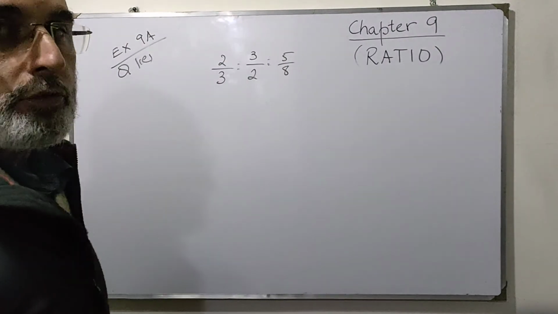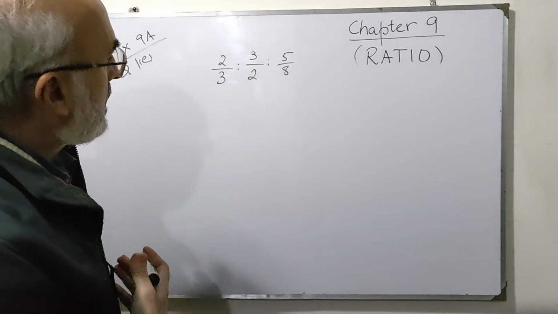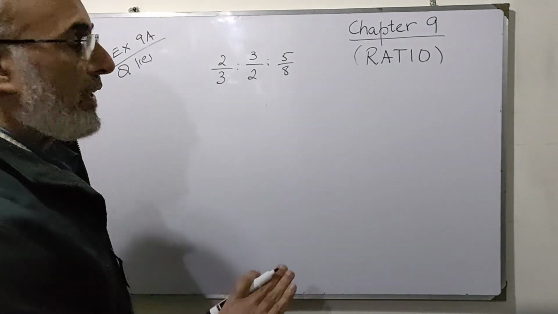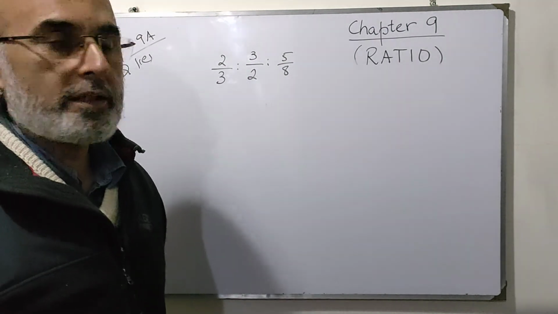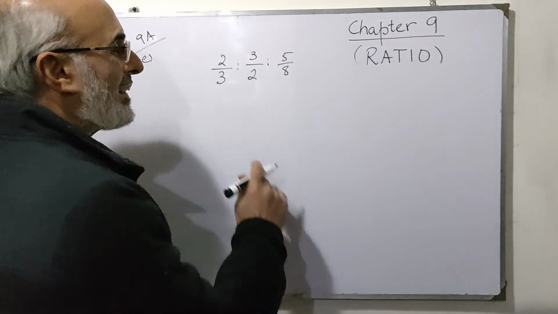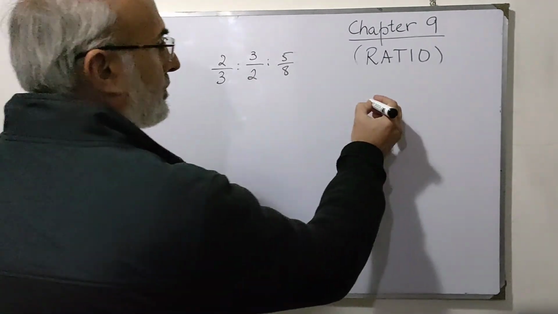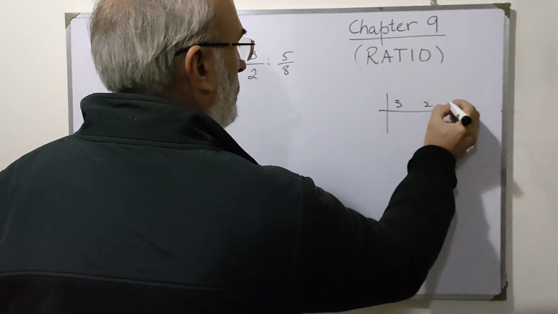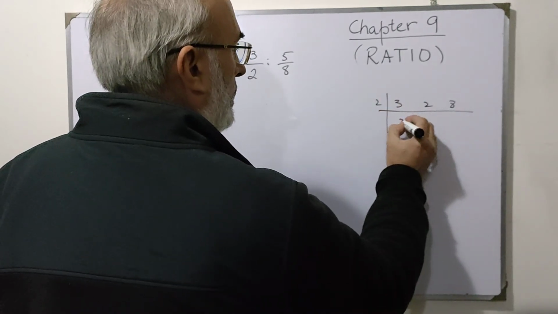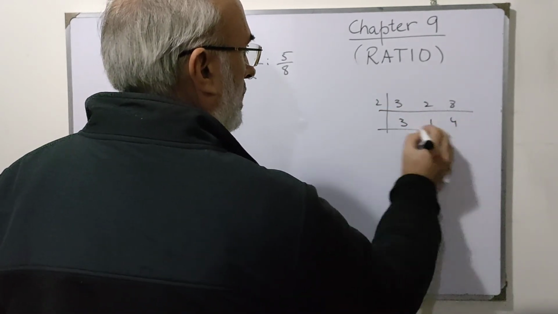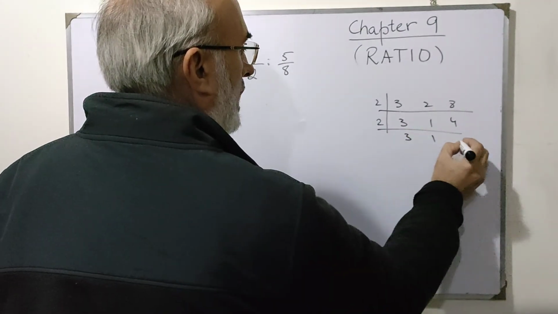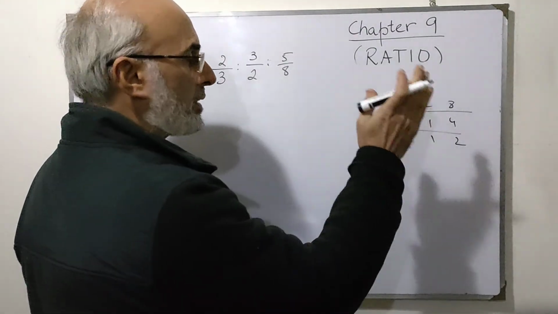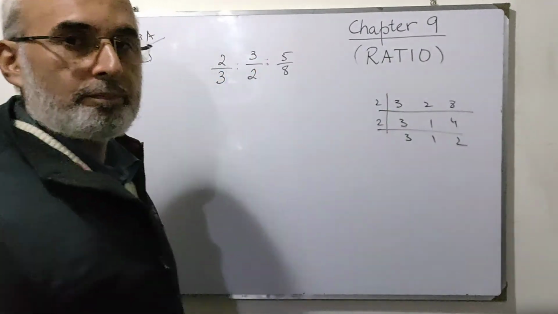Now we have to simplify these ratios. 3 fractions are compared. How to do that? Let's take the LCM of 3, 2, 8. The LCM is 6, 12, 24.